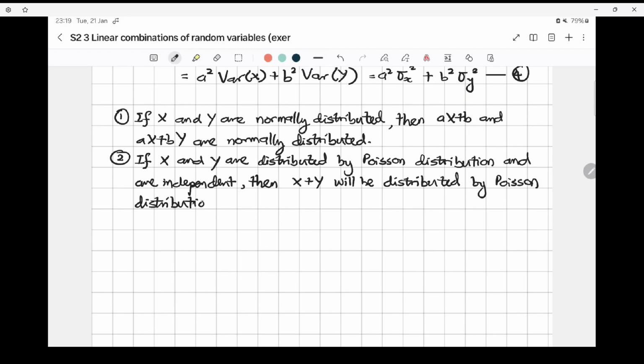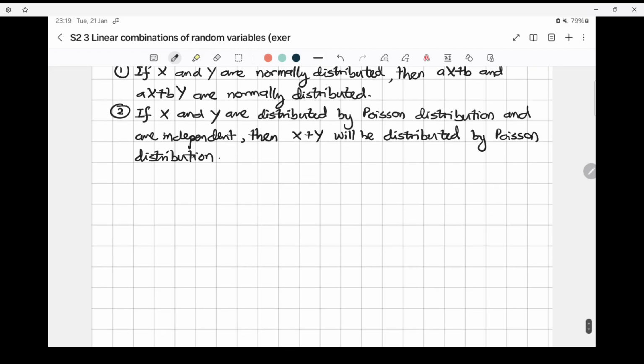The reason that you need to point out the second fact is that for Poisson distribution, let's say X is distributed by Poisson distribution with the parameter lambda, we take note that E[X] is lambda, and so is the variance of X. Let's say this is lambda x.